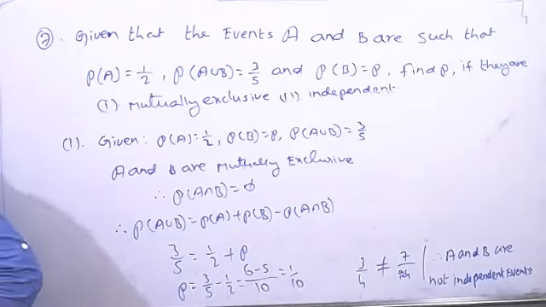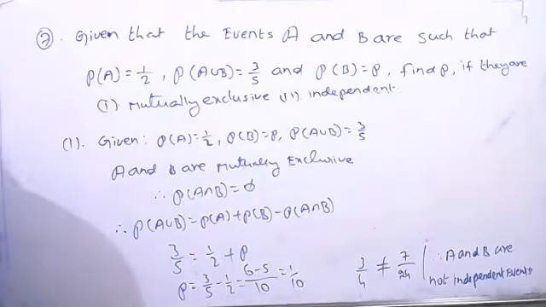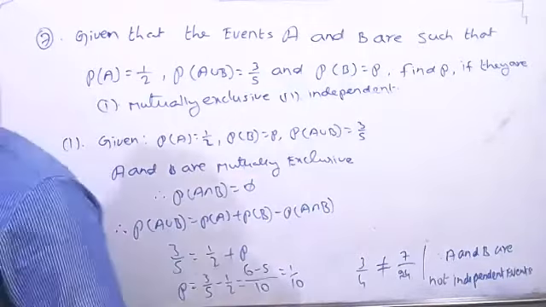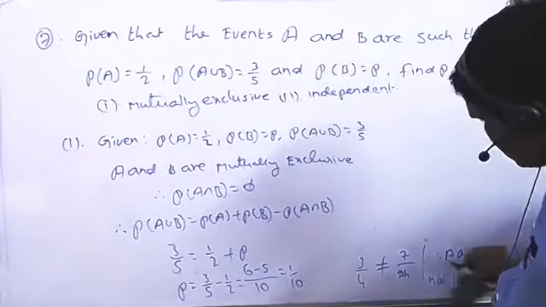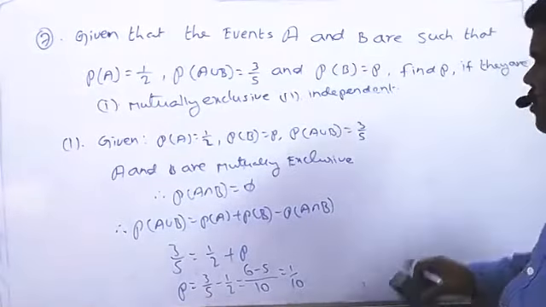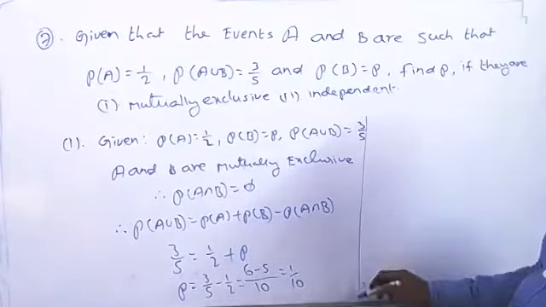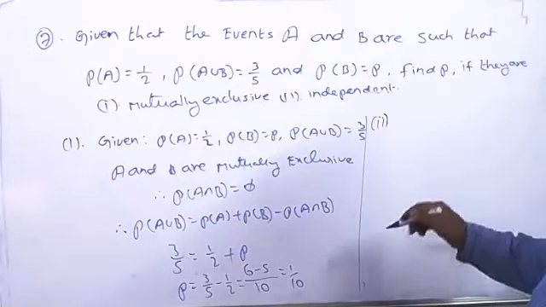Next, similarly, you can find it. Next one, A and B are independent events. And what is the meaning of independent here now?